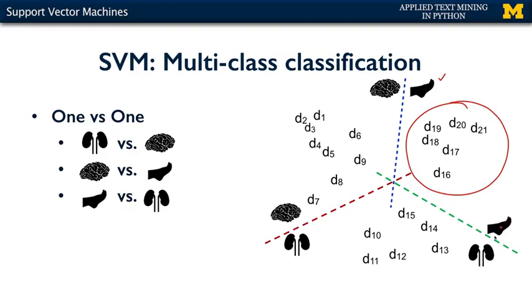Between the classes podiatry and nephrology, it's podiatry. And between the classes nephrology and neurology, it's basically nothing, because it's right in the middle, right? But you still see that sometimes it's going to be called nephrology, sometimes neurology, but the overall votes are still in favor of podiatry, because all of these points are going to get 2 votes for podiatry from the other 2 classifiers, and maybe 1 additional vote for nephrology or neurology.